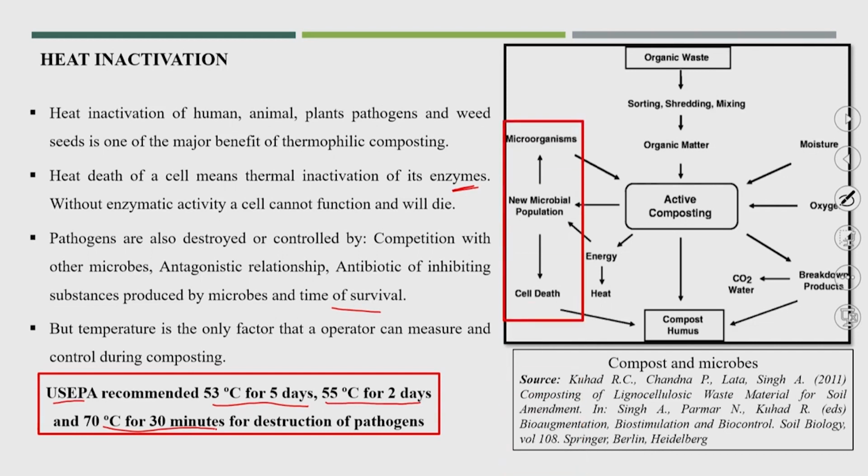Organic waste is already shredded, finally there is the active composting, the new microbe population, and finally by cell death we get compost, and by that we can understand the entire composting process. And for that we also require moisture, oxygen and some other factors.